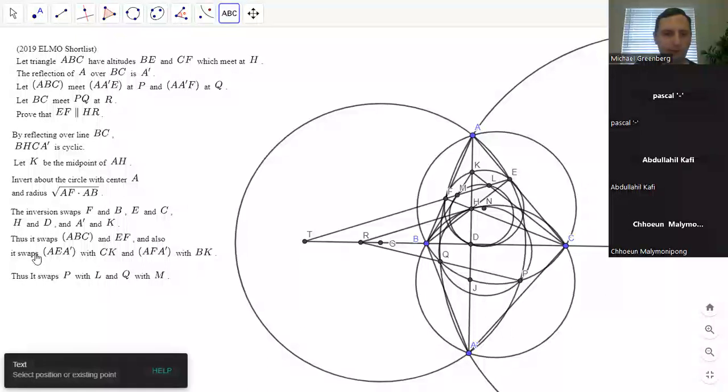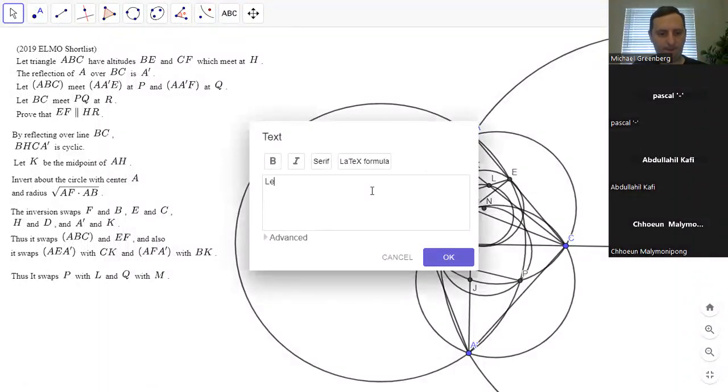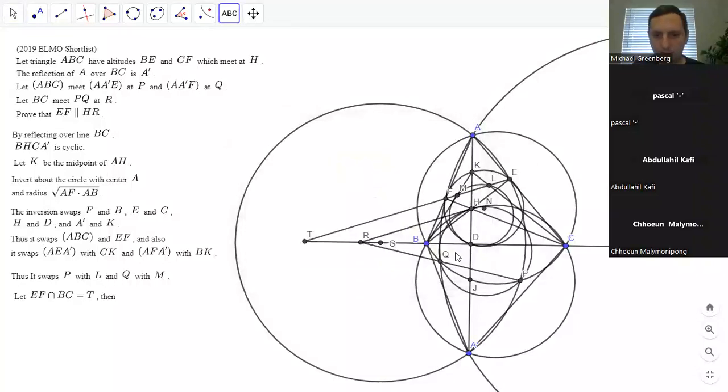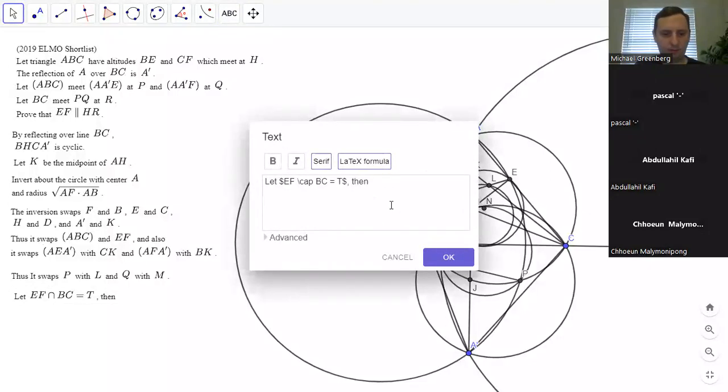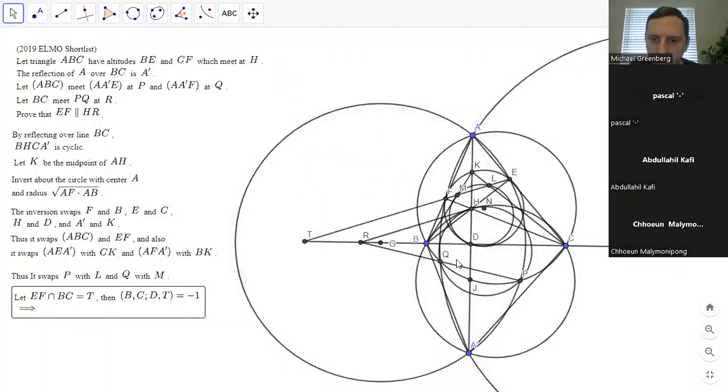So let EF meet BC at T. Then BC DT is harmonic. And that implies that BL and CM concur on KD.